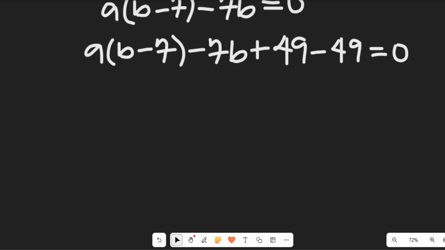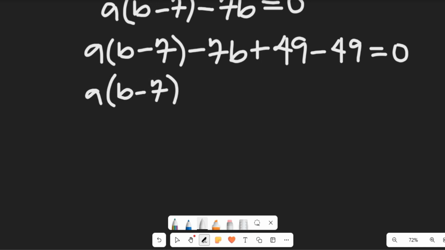If I simplify that expression, I'm going to have my a multiplied by b minus 7, and this can always be one common term. I'll have my 7 is common, so I'll have this to become b minus 7, and this will give us negative.